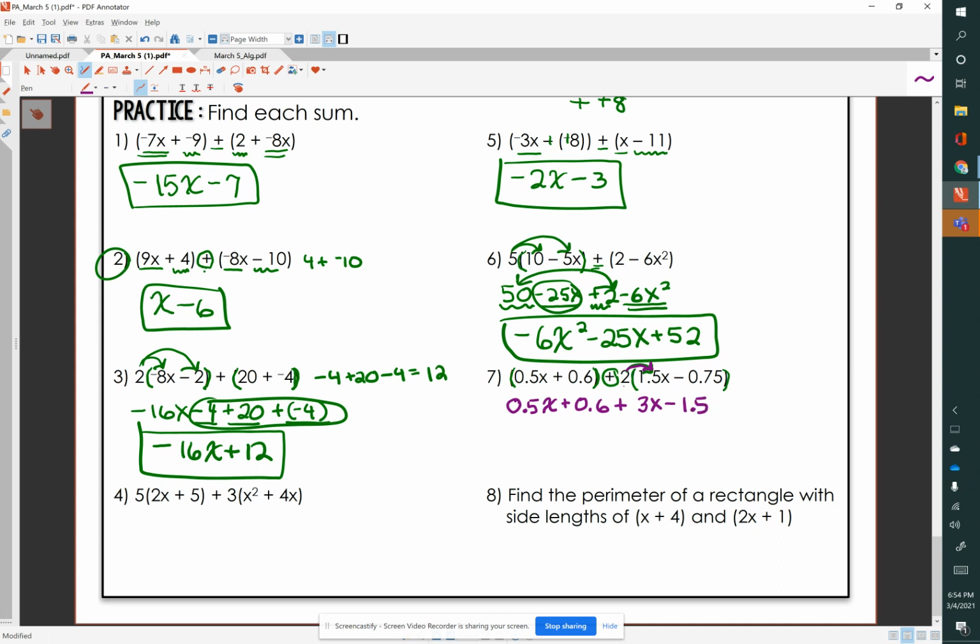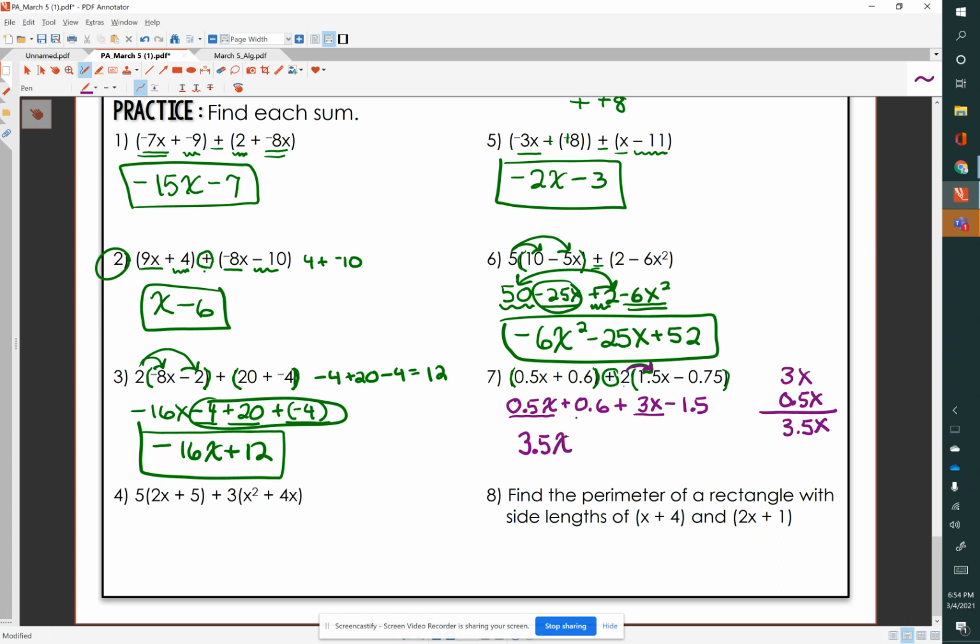Now, what can be combined? I have 0.5x and 3x. 3x plus 0.5x is 3.5x. So I'll write that first, 3.5x.